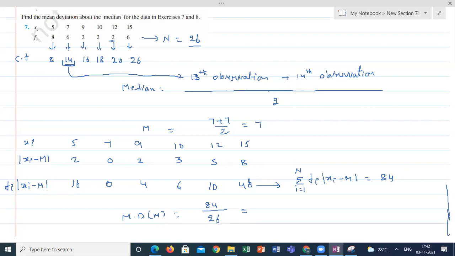Is 3.2 the answer? Everyone got the same answer? Yes, sir, 3.23. Guys, from 11th standard onwards, try to find the answer in 2 decimals. 3.23, approximate value.